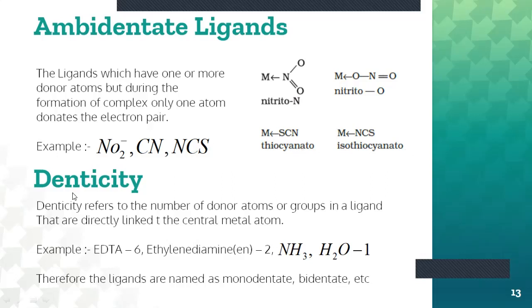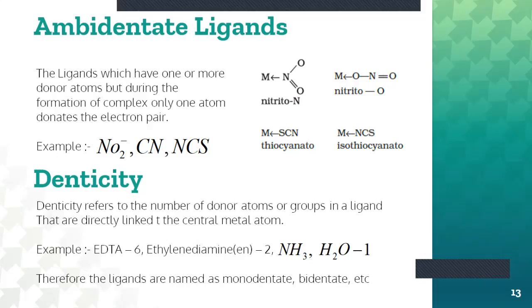Okay. Now coming over to the last topic, that is denticity. Denticity refers to the number of donor atoms or groups in a ligand that are directly linked to the central metal atom. The denticity of monodentate ligands is 1, bidentate ligands 2, tridentate ligands 3, and so on.